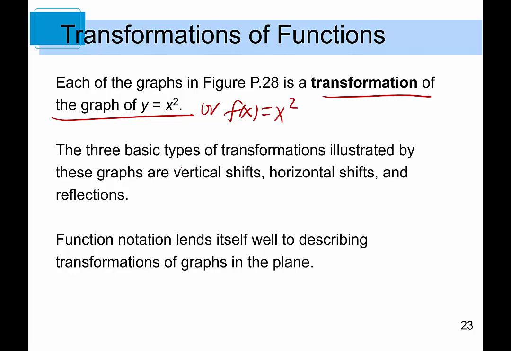So there are 3 basic transformations. The first one is vertical shifts. The second one is horizontal shifts. The third one is reflection. Function notation lends itself well to describing transformations of graphs in a plane.